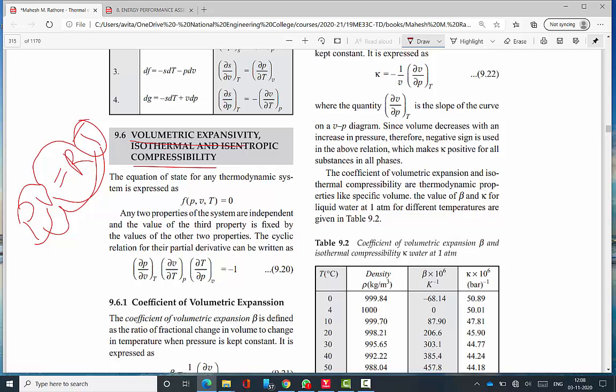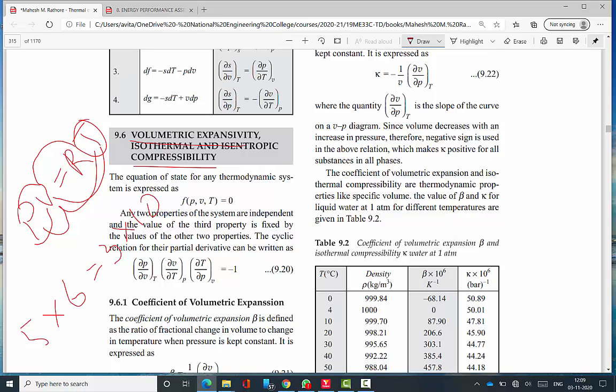Okay, please understand. For example, 5 into 6 is equal to 3 into 10.